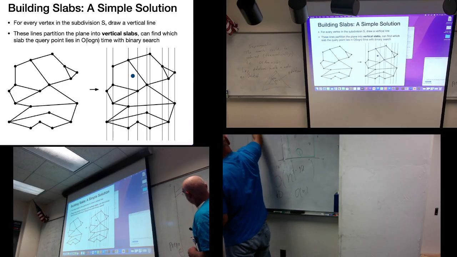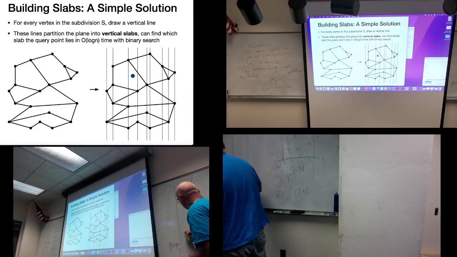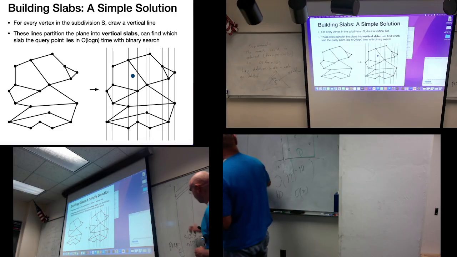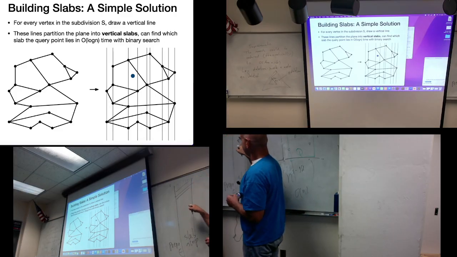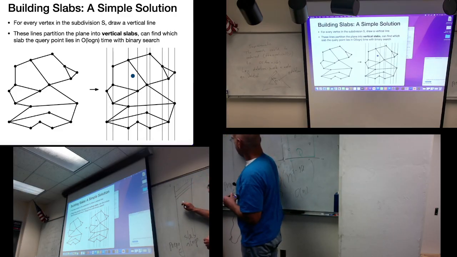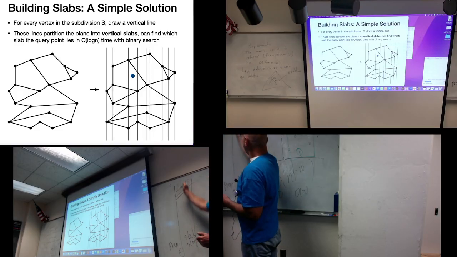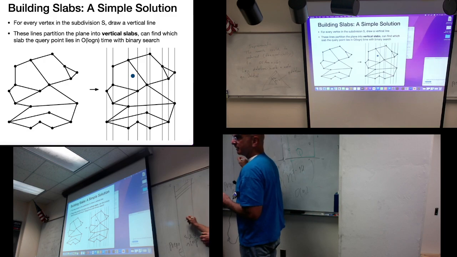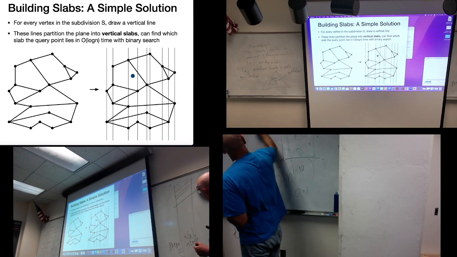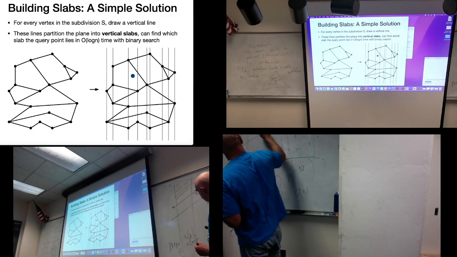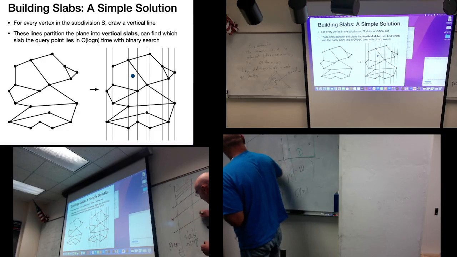Here is my slab or strip. And remember, I already assumed that there is no vertex inside it. If there was any vertex, any endpoint of one of the segments, or crossing between segments, I would push another vertical line, like so. So inside the slabs, all my segments cross it from left to right.